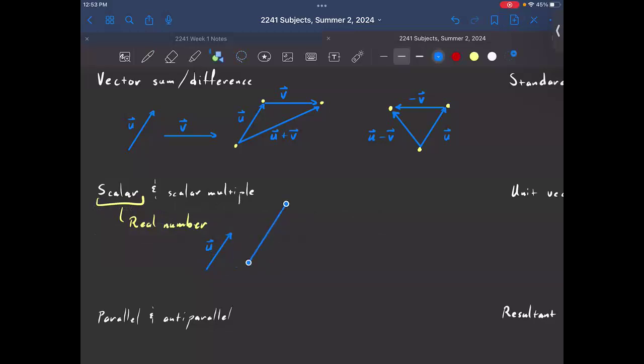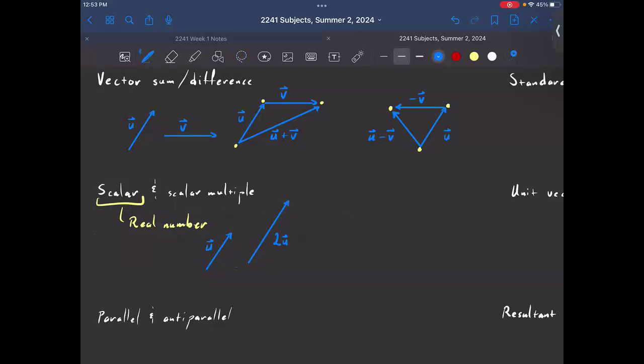They just end up starting and ending in a different position. And this vector now is, let's say, twice the vector u. So I move in the same direction, but I go twice as far. And it doesn't matter where I start.